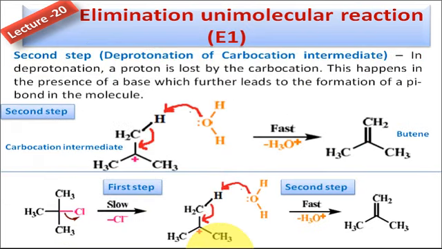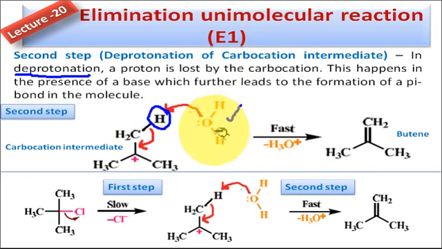Now, the second step is the deprotonation of this carbocation. Deprotonation means removal of the proton from this carbocation. Removal of the proton, or deprotonation, results in the formation of the double bond. For this deprotonation, the base or the solvent molecule helps.